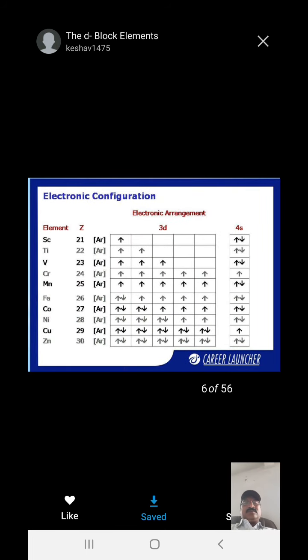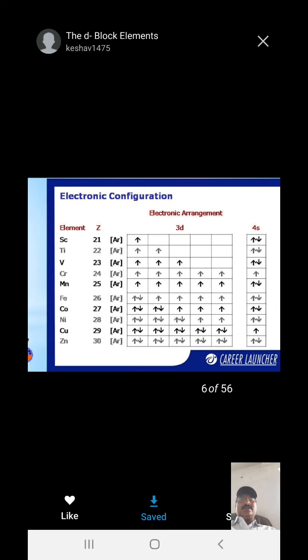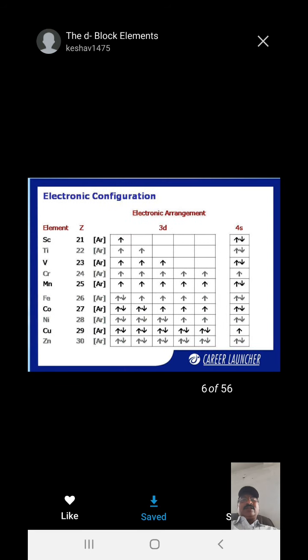See here, by seeing the electron configuration, you can easily find out which one is d block and which one is a transition element. Scandium electron configuration is 4s2 3d1. Here the 3d shell is incompletely filled, and at the same time the last electron entered in 3d orbital. So this is a d block element.